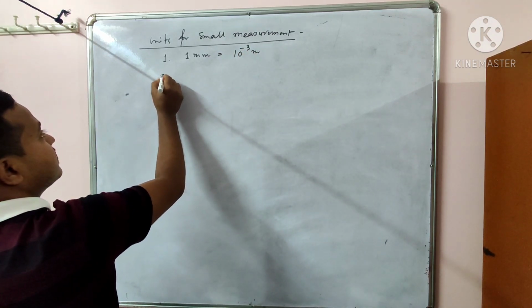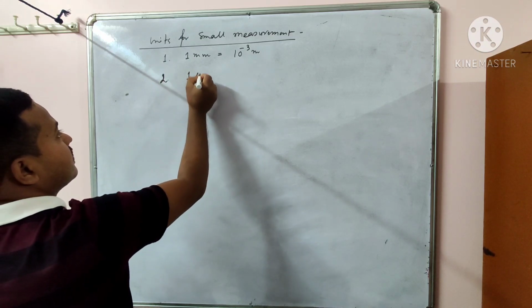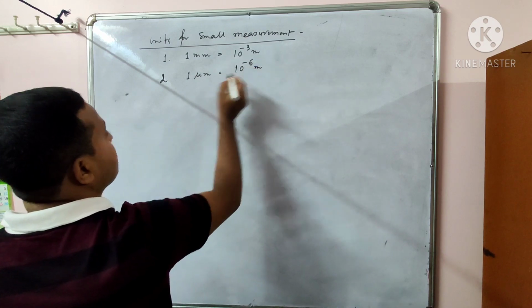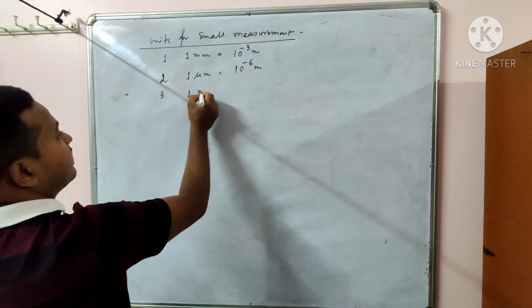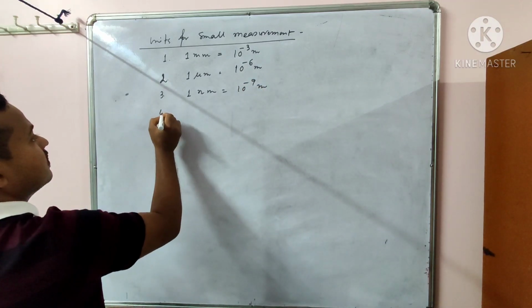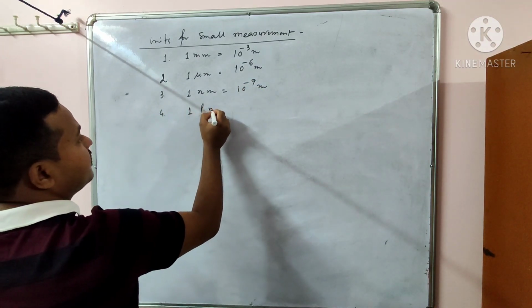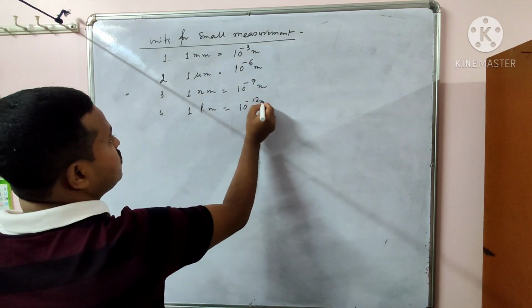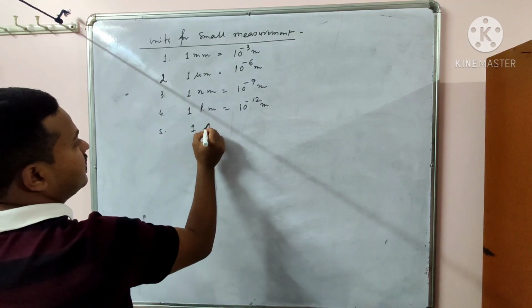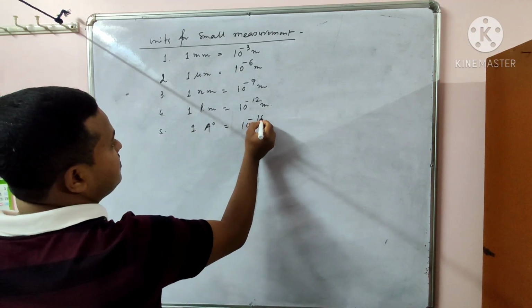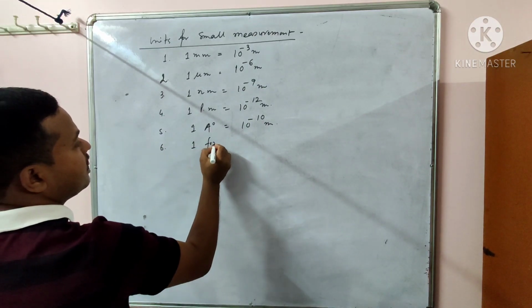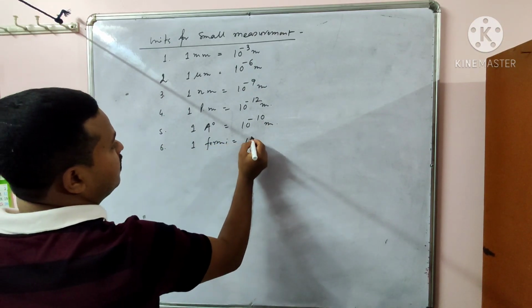We have micrometer, also called micron, 10^-6 meter. We have nanometer, that is 10^-9 meter. We have picometer, 10^-12 meter. We have Angstrom, and 1 Angstrom is 10^-10 meter. We have Fermi, 1 Fermi is 10^-15 meter.